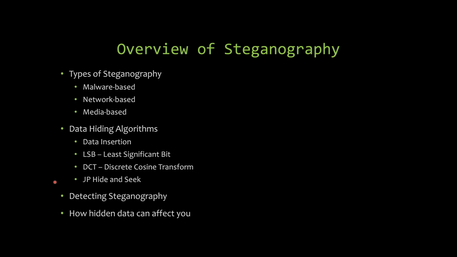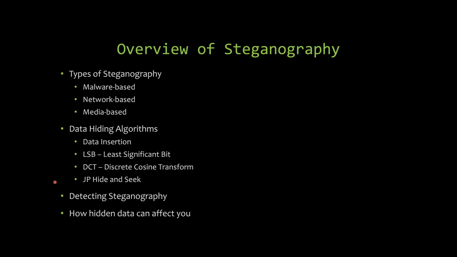There are multiple different types of steganography. So malware-based steganography, where we're actually seeing malware being embedded in some other type of file in order to deliver a malware payload to infect a victim and execute some type of malware on the victim's system.